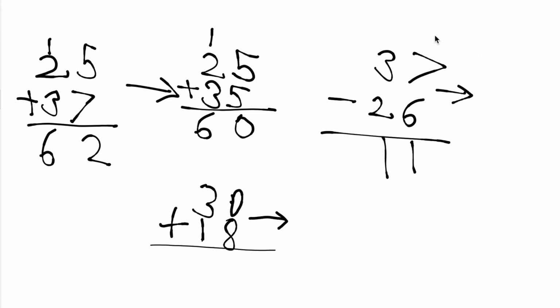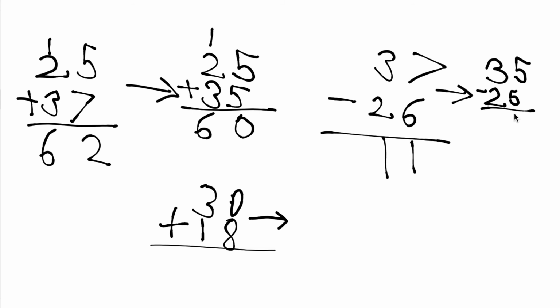Closest number to 37 is 35. So write 35 down right here. And the closest number to 26 is 25. So we put 25. Wait, that was by mistake. Okay, fixed. And then 25. So it's 35 minus 25. So let's do it. 5 minus 5 is 10.